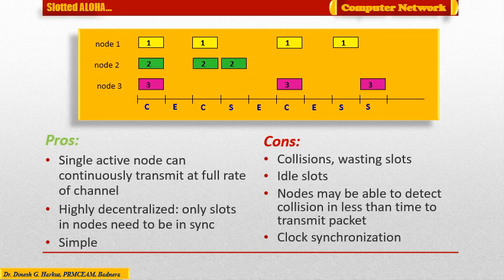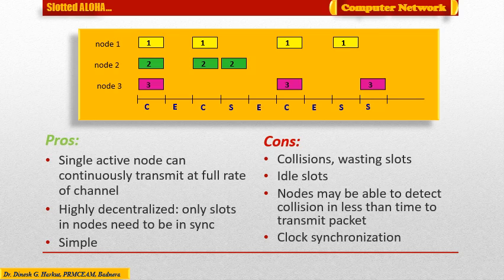The second concern is that another fraction of slots will be empty because all active nodes refrain from transmitting as a result of the probabilistic transmission policy. The only unwasted slots will be those in which exactly one node transmits. That is, a slot in which exactly one node transmits is said to be a successful slot.